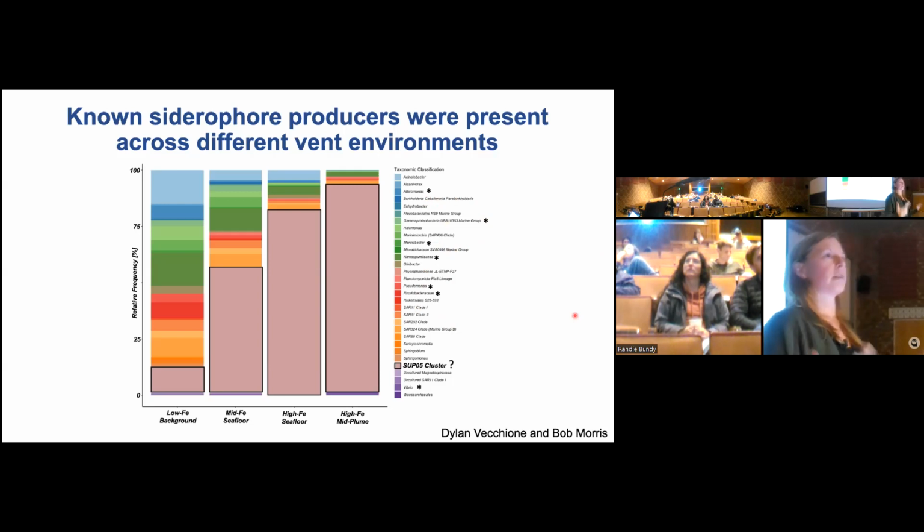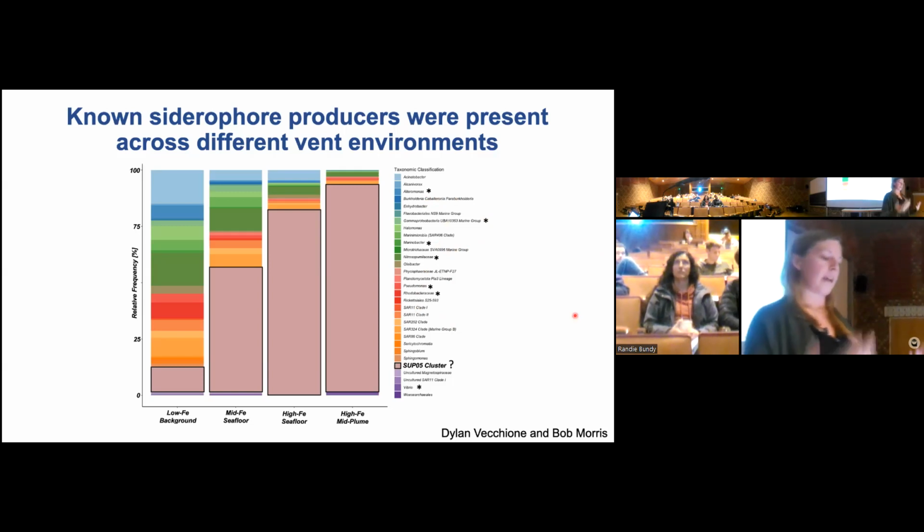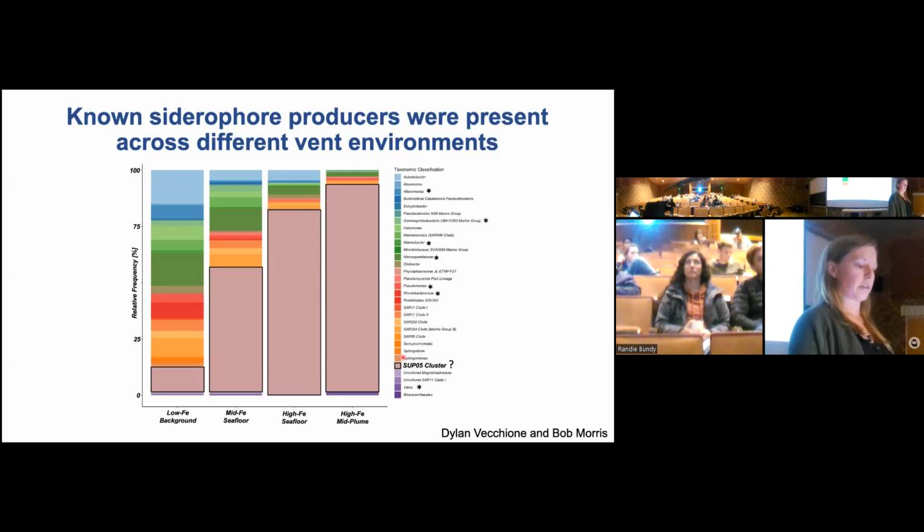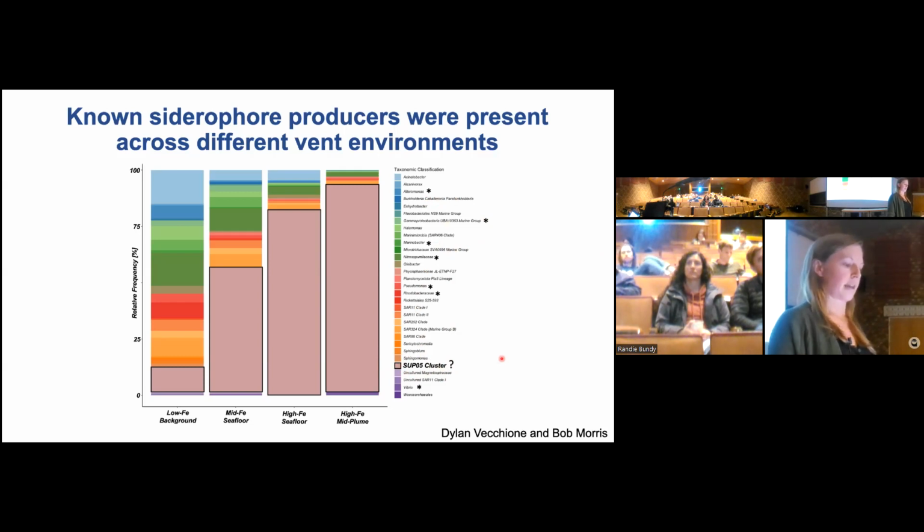So we do see known siderophore producing microbes across all of these environments. We're interested in digging into this further, particularly with SEP05, because it was such a prominent member of the community across many of these different sites. No one has really looked at its iron metabolisms in detail yet, and Dylan is really interested in that. So stay tuned.